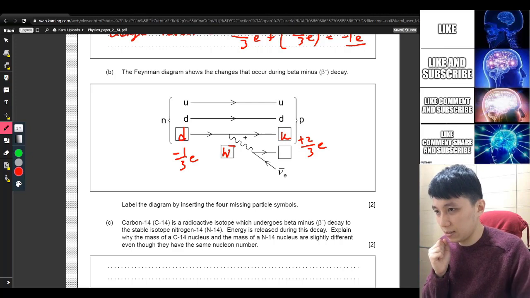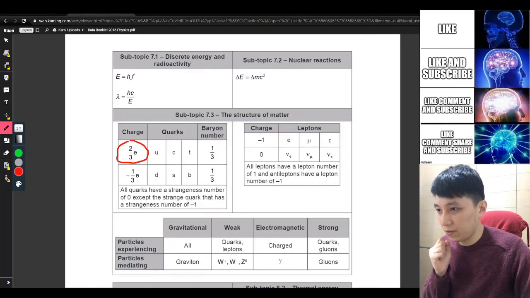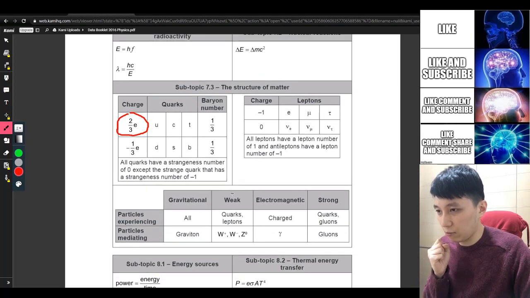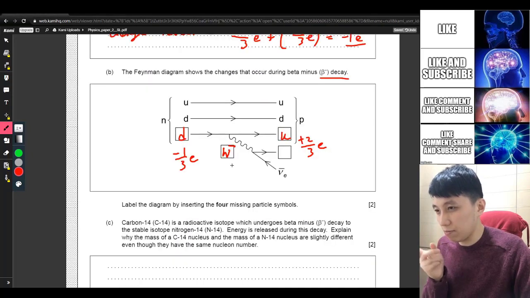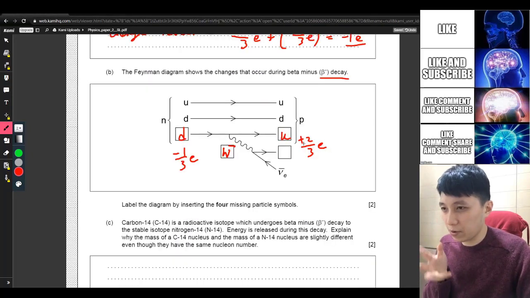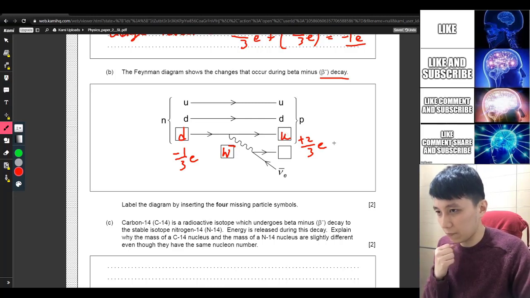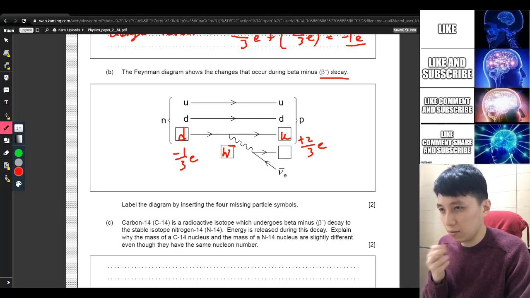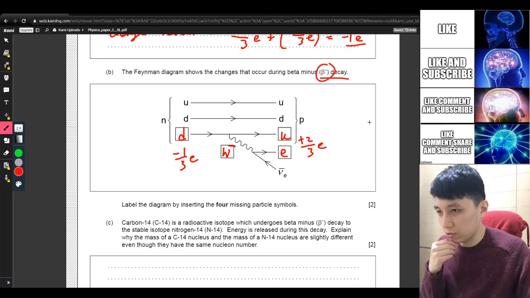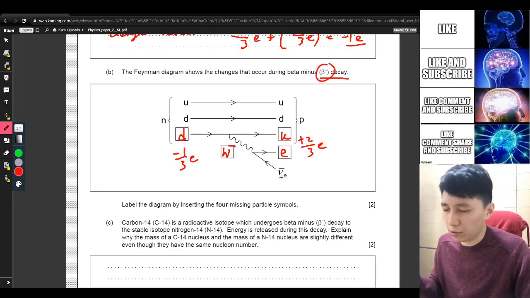So W minus should be the one, because we are involving beta minus decay, so that will be a weak interaction, right? So you can choose either W plus or W minus. Here it should be minus, so that now it will become positive afterwards, right, for the up quark. Here obviously, if you simply recall beta minus, you know that is an electron. All right, and that matches with our idea, knowing that the electron is matched with an anti-neutrino.